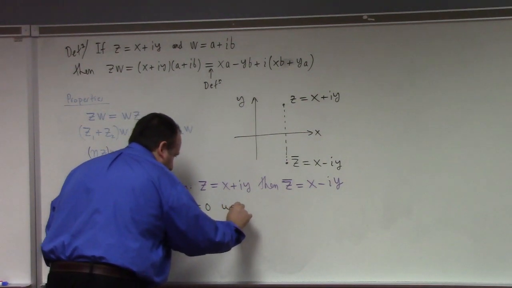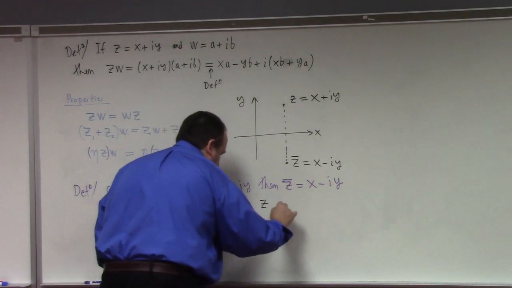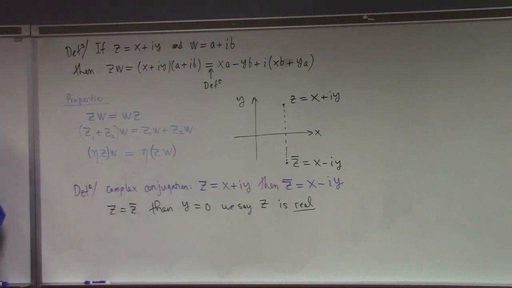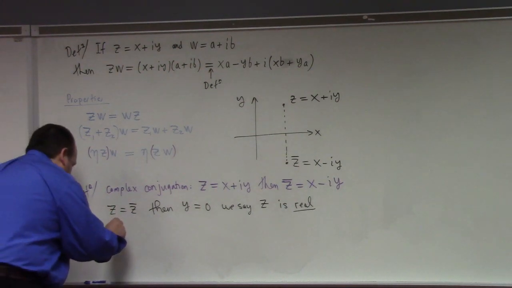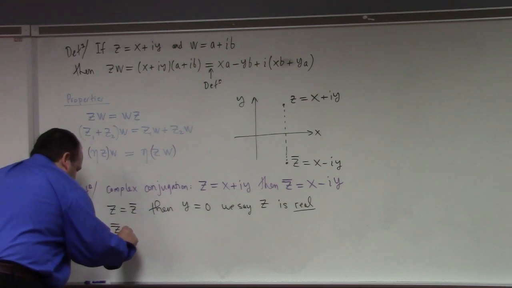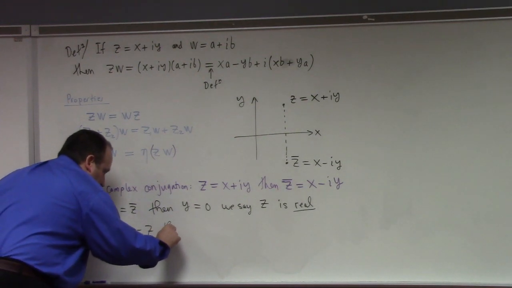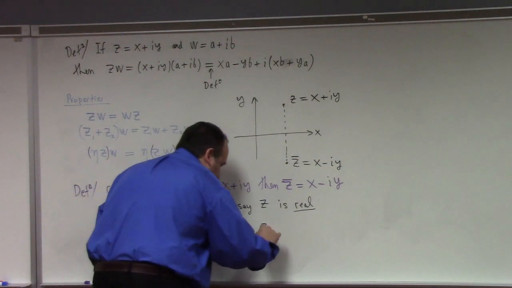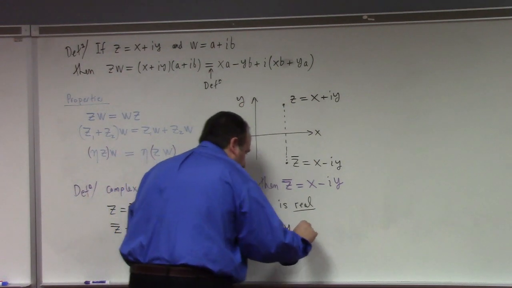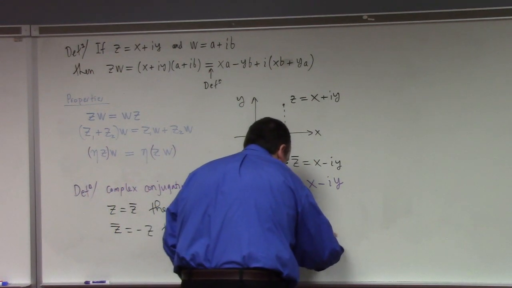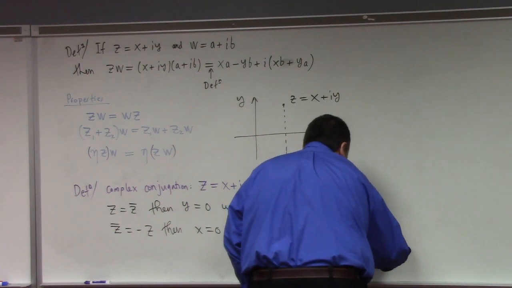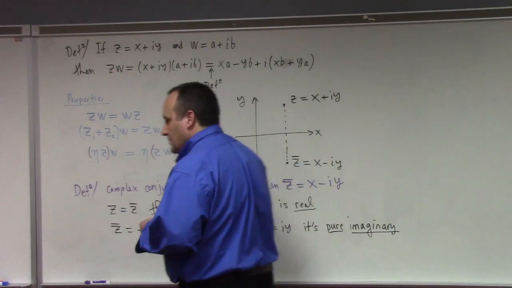We say z is real if z is equal to z bar. What would it mean if z bar is equal to minus z? Then x is equal to 0, and z is equal to iy. It's called pure imaginary, or sometimes you might just call it imaginary. But I kind of like pure imaginary more.